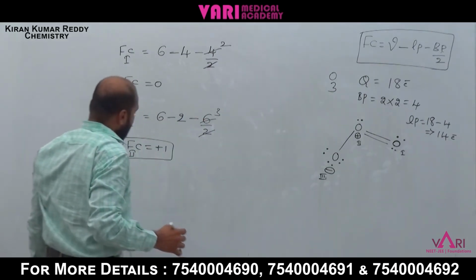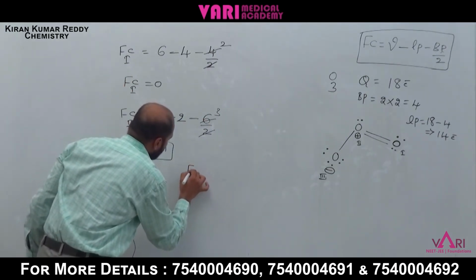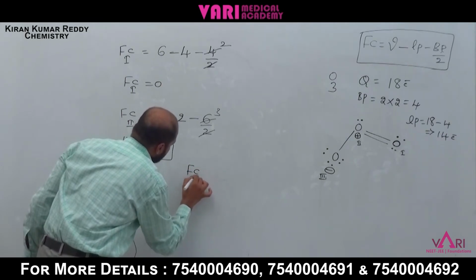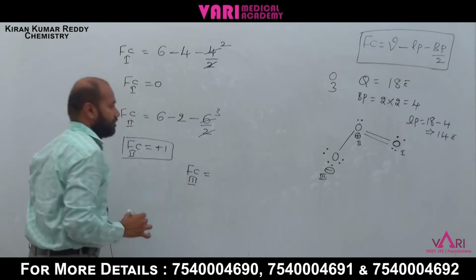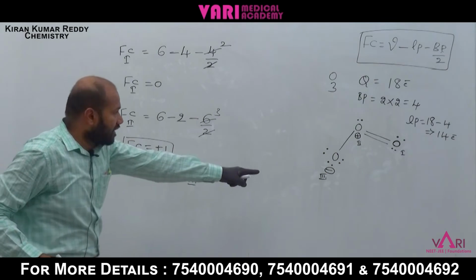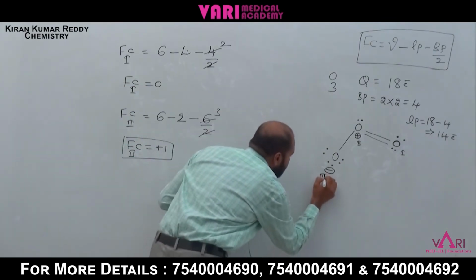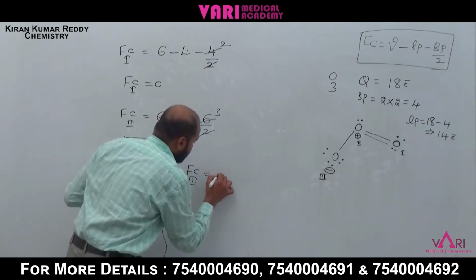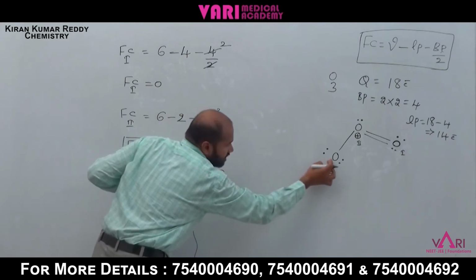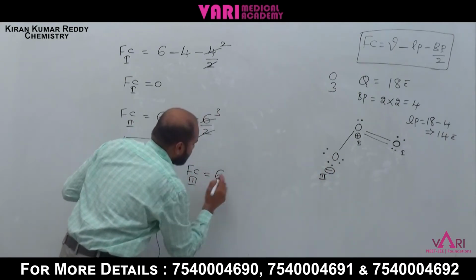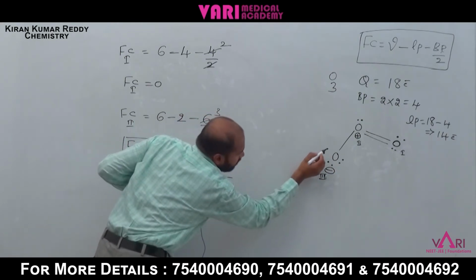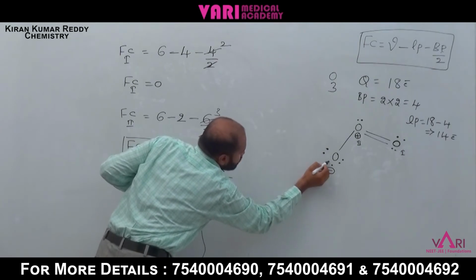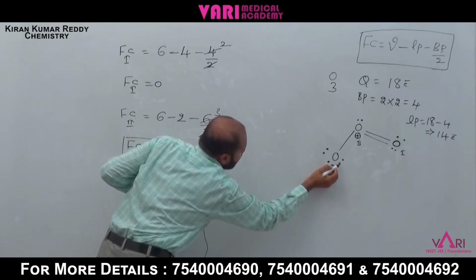Next is the formal charge of the third oxygen atom. I am writing the third atom. The same formula: valence electrons of this oxygen atom 6, minus lone pairs: 1, 2, 3, 4, 5, 6.